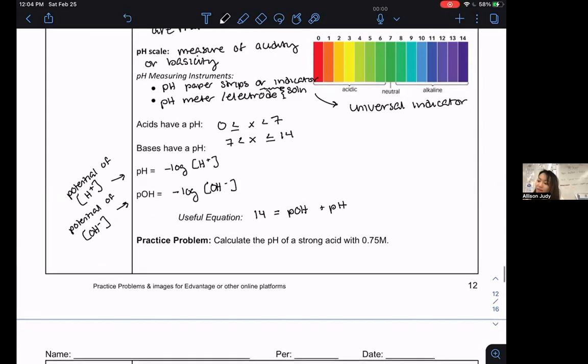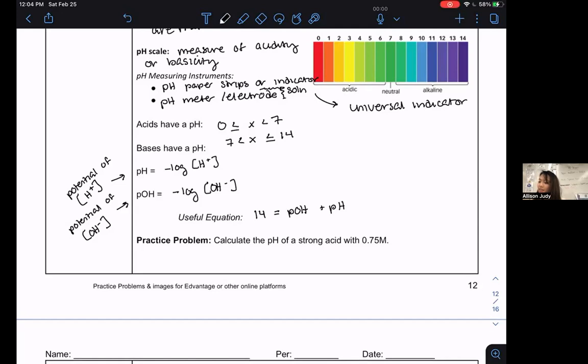Notice that kind of mimics our pH scale, that the max we can have is 14. So however basic a solution is, its acidic nature will quantify to the sum total of 14. However acidic a solution is, its basic nature will add up to the sum scale of 14 on the pH scale.